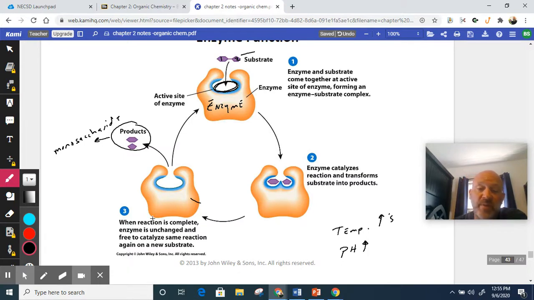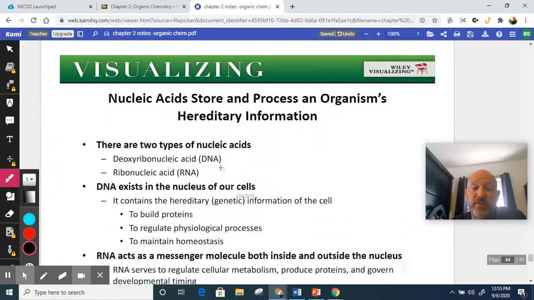An alteration of pH could also cause these proteins to lose their shape and become denatured. So there are two ways to really mess up proteins: number one is a change in temperature, and number two is a change in pH. If we maintain these, typically we can maintain our enzymes. But if your temperature gets above, let's say, 105 degrees, it could have devastating effects, because your enzymes or proteins will start to become denatured, and that will result in deadly consequences.